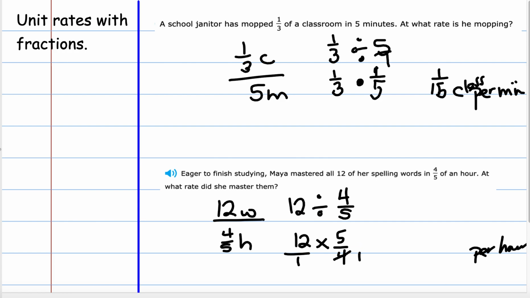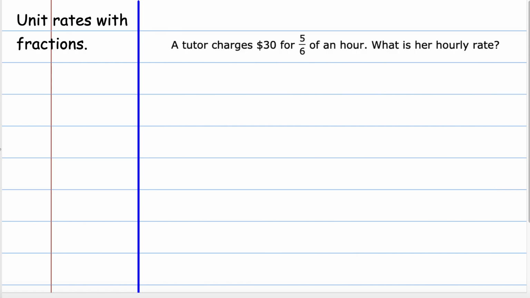I'm going to simplify here, and I get 15 words per minute. Or per hour, I'm sorry. She can do 15 words per hour. I think I wrote per hour. All right, try this last one on your own and then come back when you're done.